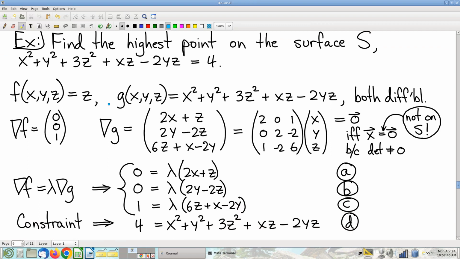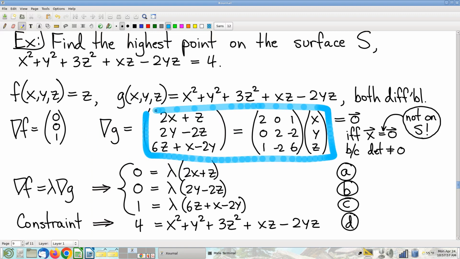Frankly, what I'm about to show you is one of the harder ones that I've seen. Here's my constraint gradient. How do I know when this is equal to 0? Well, that's a little system of equations. It's 3 equations with 3 unknowns. If I want to know when this is equal to 0, I'm going to rewrite it in matrix form.